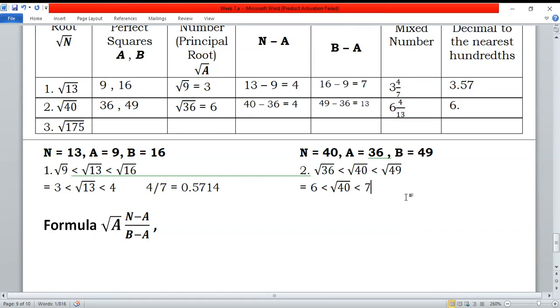So, gawa ulit tayo dito ng scratch. So, 4 divided by 13 equals 0.3076. Pero may karugtong pa eh. Okay?